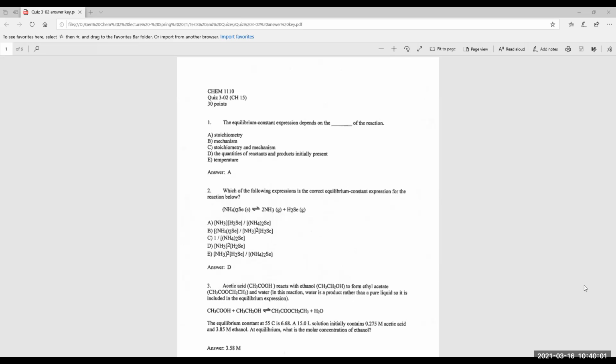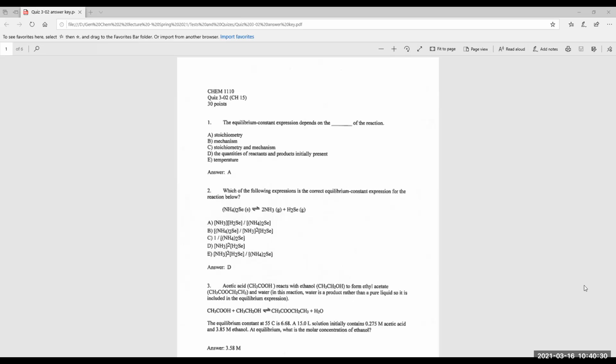Number two, which of the following expressions is the correct equilibrium constant expression for the reaction below? The key there was to remember it's products over reactants. And if it's a pure solid or pure liquid, it counts as one, so it doesn't show up in the expression. That leaves us with NH3 squared times H2Se as the correct answer.